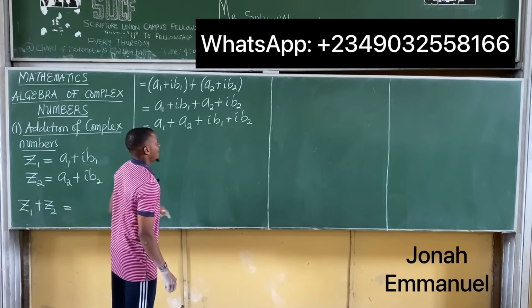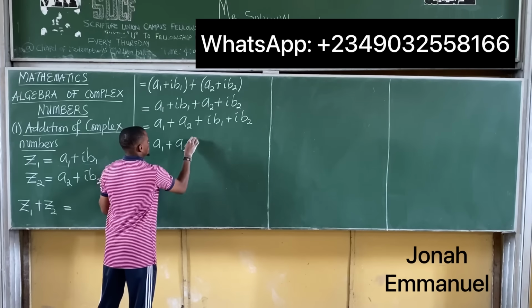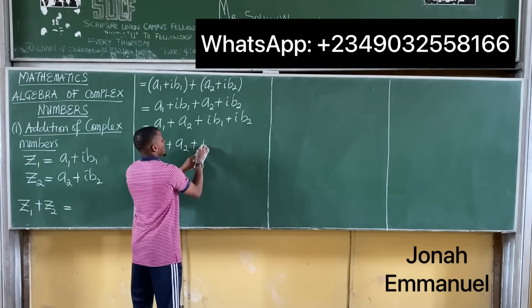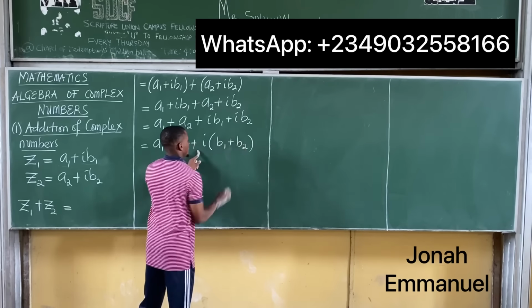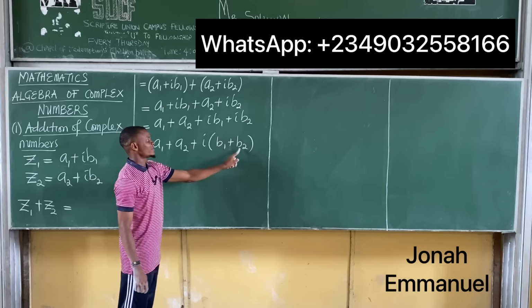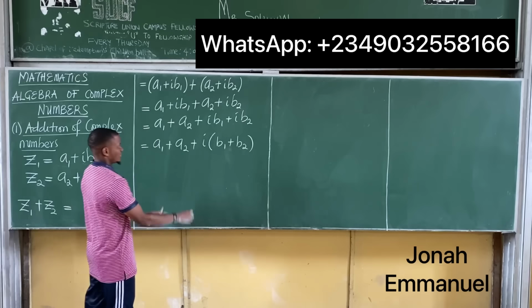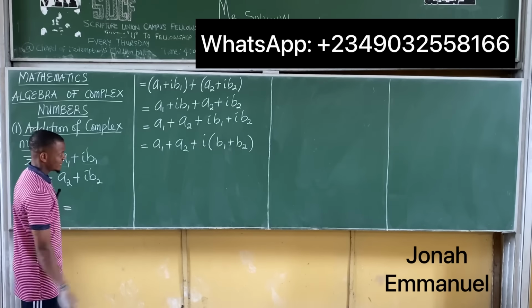Let's factorize the i's. This will be equal to a1 plus a2 plus, if I factorize i, I'm left with b1 plus b2. I times b1, ib1, i times b2, ib2. All right, so this is how we take the sum of complex numbers.